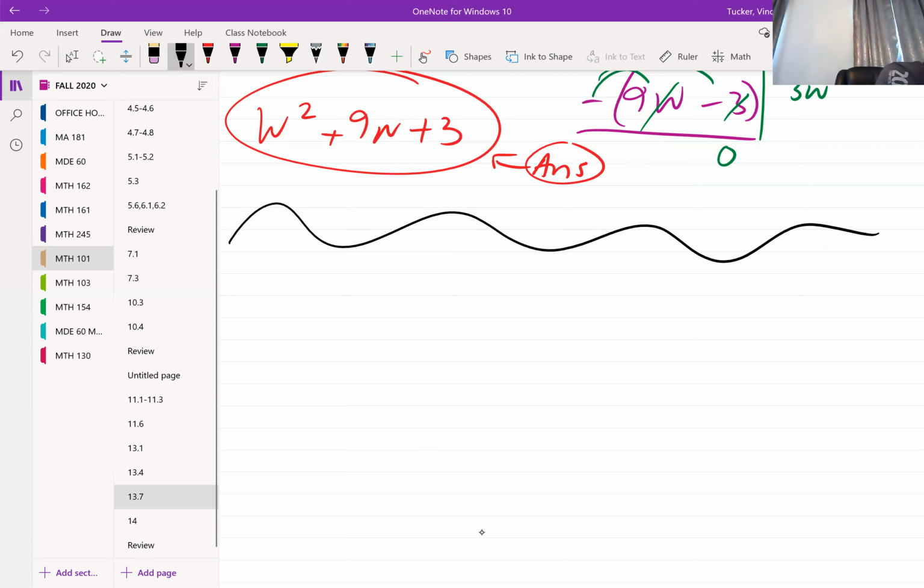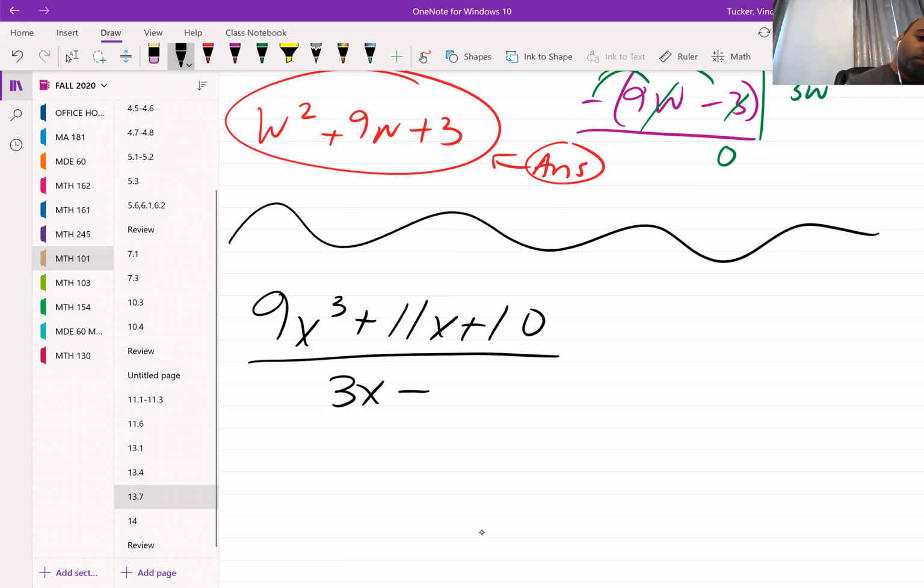All right, let's see. 9x cubed plus 11x plus 10 divided by 3x plus 2. You guys can start that one while I see if they want us to go over synthetic division real quick.